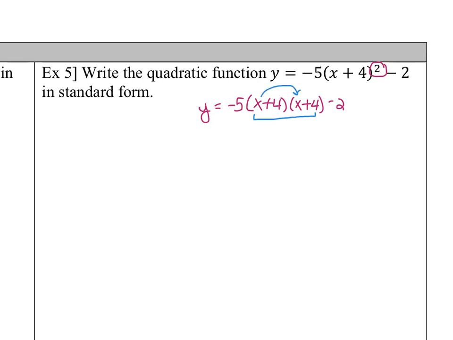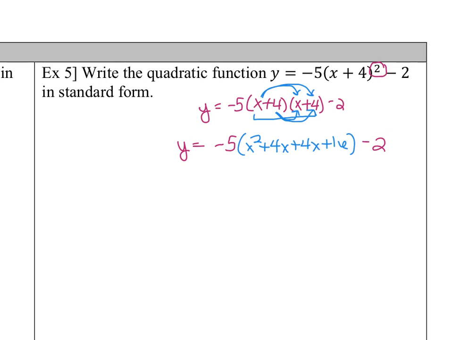So x times x makes x squared. x times 4 makes 4x. 4 times x makes 4x. And then 4 times 4 makes 16. Now remember, all of this stays in parentheses, and the reason why is I still have to multiply this negative 5 in the front. The first example we didn't have another set of multiplication. This one does.